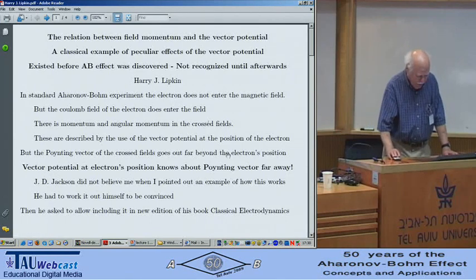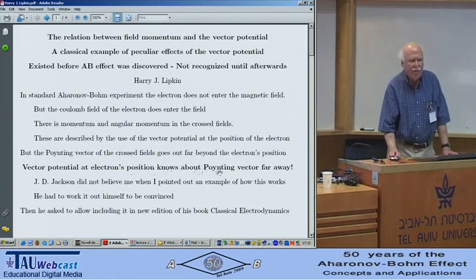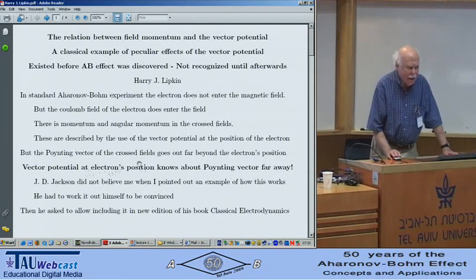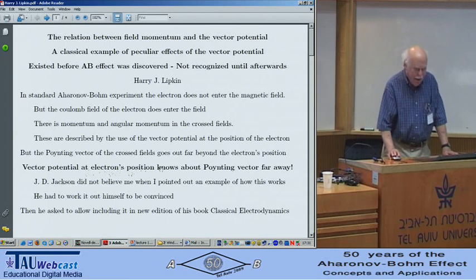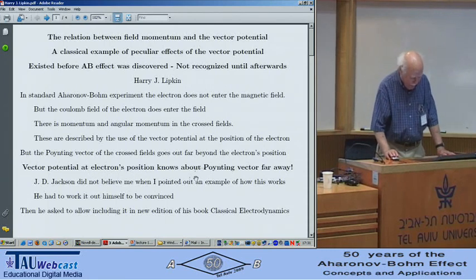But the Poynting vector of the crossed fields goes far beyond the electron's position. So somehow the vector potential at the electron's position knows about the Poynting vector far away. This is a question. And when I showed my example to Dave Jackson, he didn't believe it, and he had to calculate it himself to see that it was right.